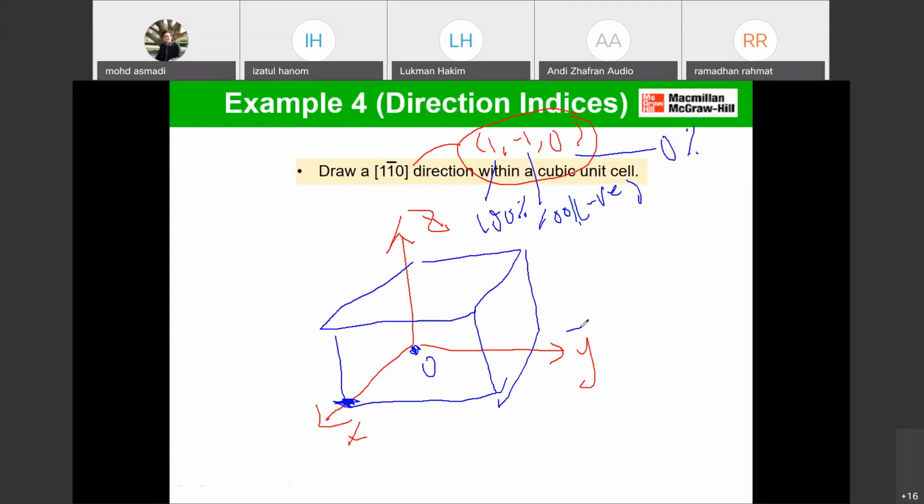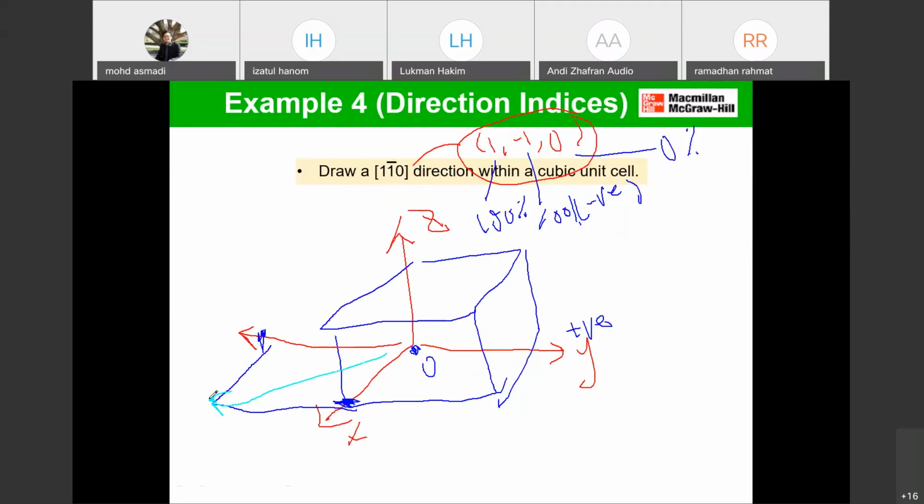Y is positive, so it's going to be this direction, 100%. How about z? Z is 0%, so that means it should be this one and this one, and your direction is here.